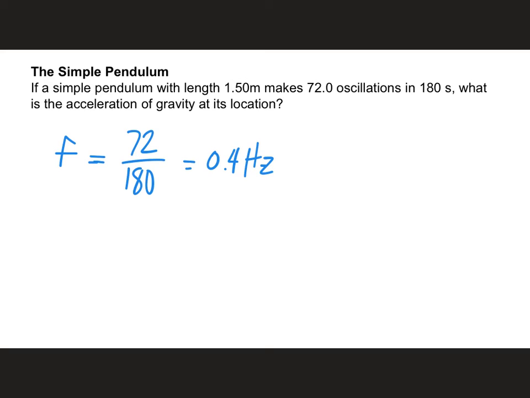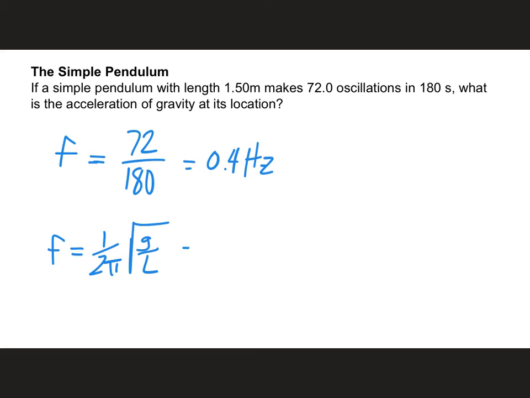So frequency. The math of frequency is what you would expect it to be, given what the word frequency means. This many things per this much time. All right? So that many oscillations per that many seconds is going to give me that many hertz. And we also have the frequency equation that we saw once before.